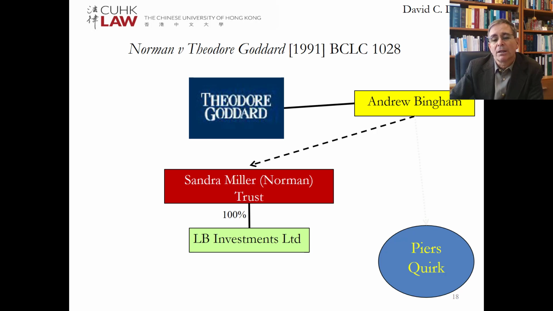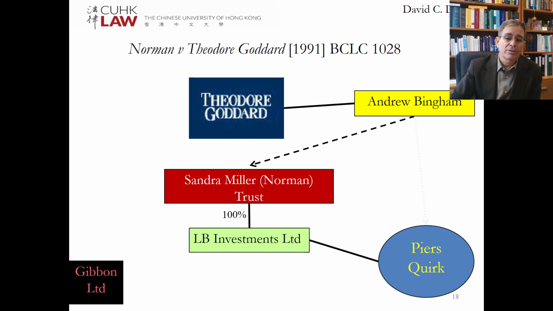Socially, through an acquaintance, there is a son of this acquaintance, which is Piers Quirk. And Piers Quirk is a very regular and not terribly charismatic sort of person. And Andrew Bingham comes to dominate Mr. Quirk when serving as a director. And that's understandable given Andrew Bingham's great expertise in the complex international tax matters that LB Investment is engaged in.